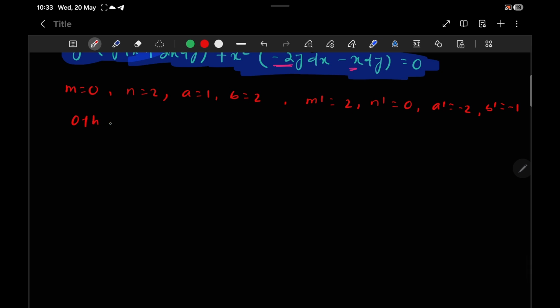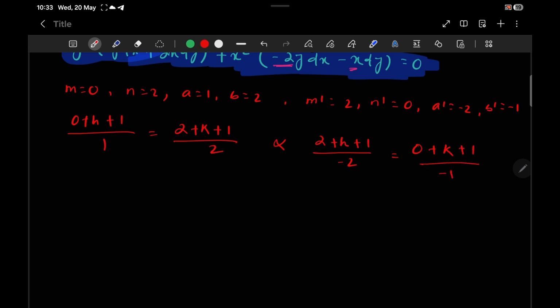So 0 plus h plus 1 divided by 1 is equal to 2 plus k plus 1 divided by 2, and 2 plus h plus 1 divided by minus 2 is equal to 0 plus k plus 1 divided by minus 1.